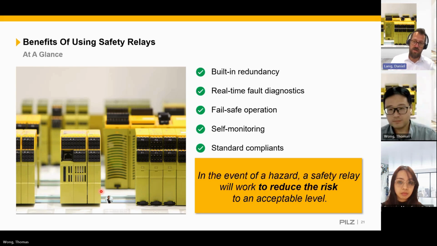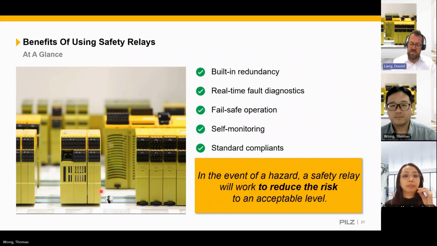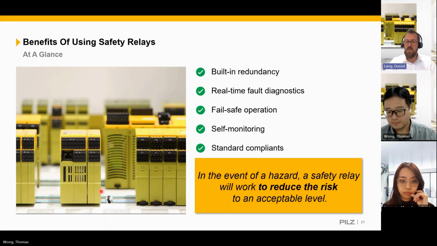Or in other words, for machine manufacturers, the safety relay gives you the certainty of a holistic, safe, functioning, tested, and certified device. And on the other hand, for machine operators, the certainty that the danger zone is safely and redundantly protected in the event of a fault.